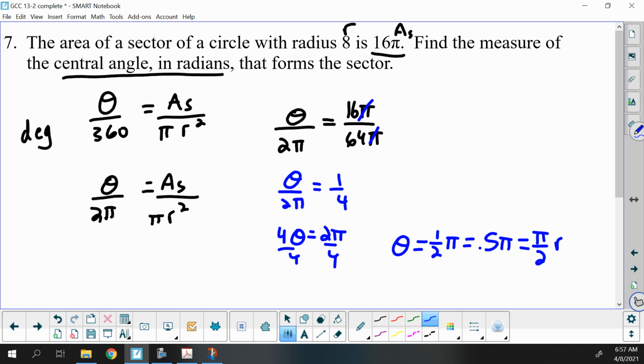And then our units is radians. So radians, 180 degrees is just the same as pi radians.